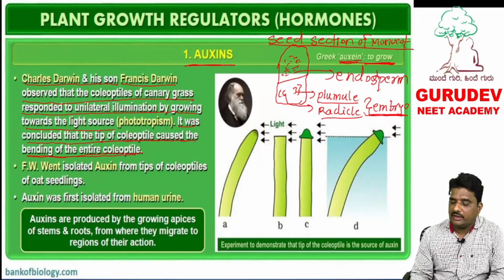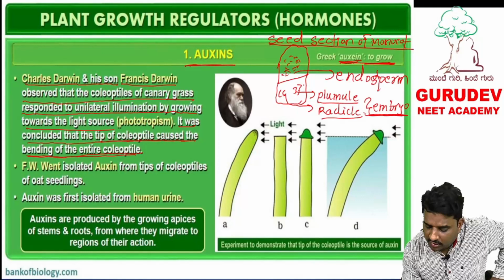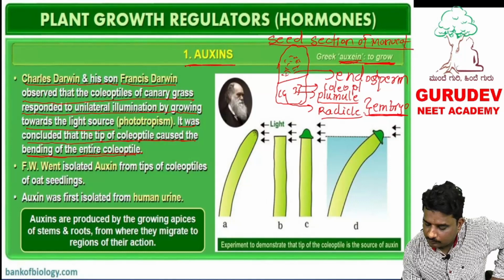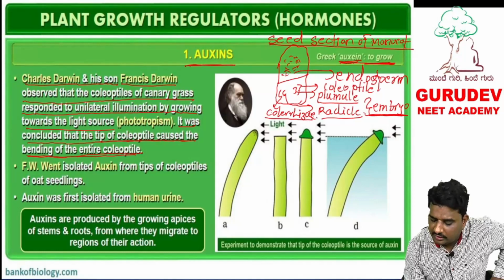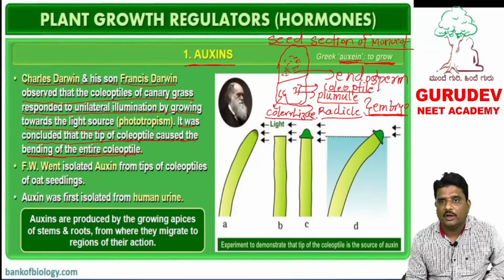On the plumule there is a cover called coleoptile, and on the radicle there is a cover called coleorhiza.